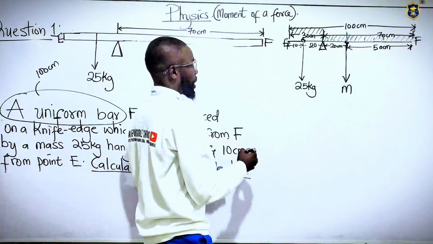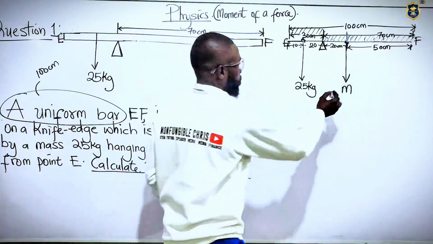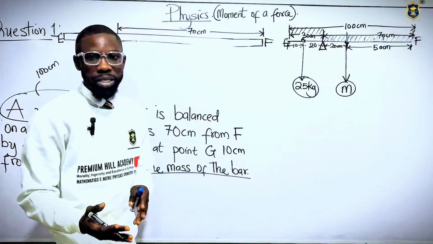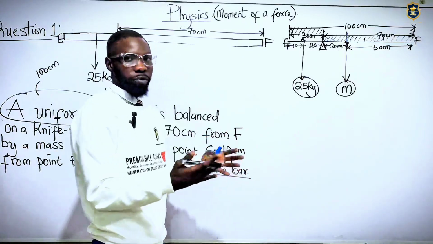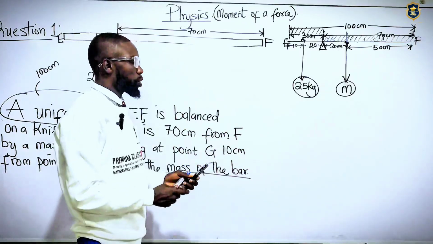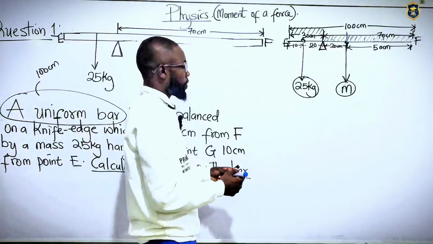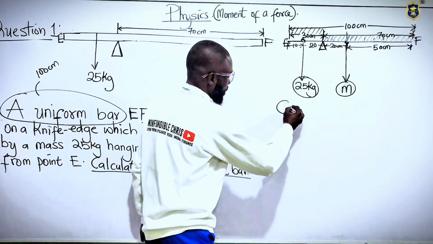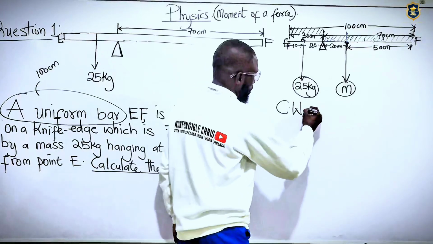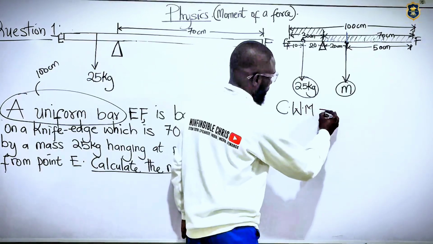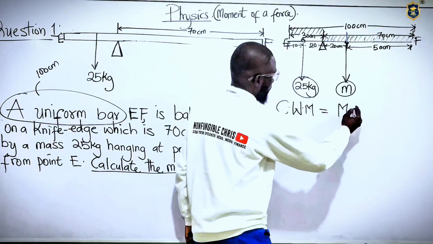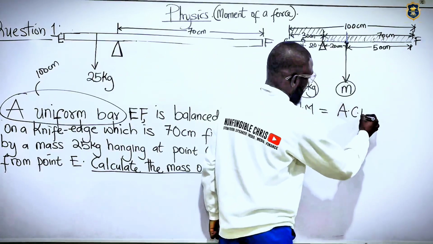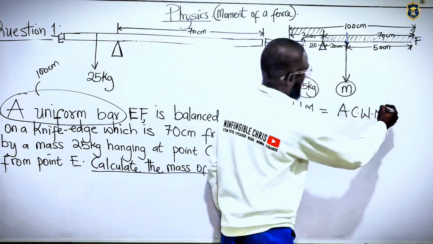It therefore means that to calculate the mass of this bar, we are going to apply the clockwise moment and the anti-clockwise moment. I've taught that in the previous video. The formula to solving questions like this is that the clockwise moment, CWM, is equal to the anti-clockwise moment, ACWM.